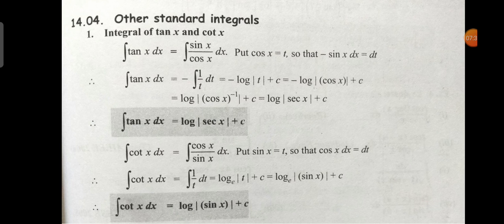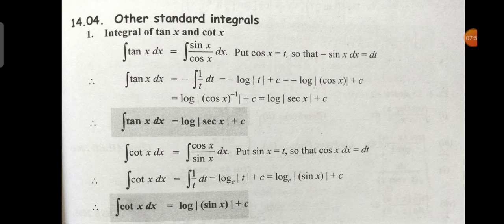Integral of tan x dx is always log of sec x plus c. And integral of cot x dx is always log of mod sin x plus c. If these integrals are given in your question, you can directly apply them because they are standard integrals. That is why you have to study this.